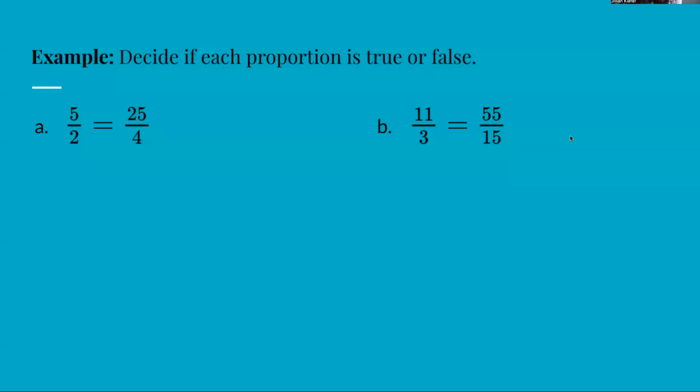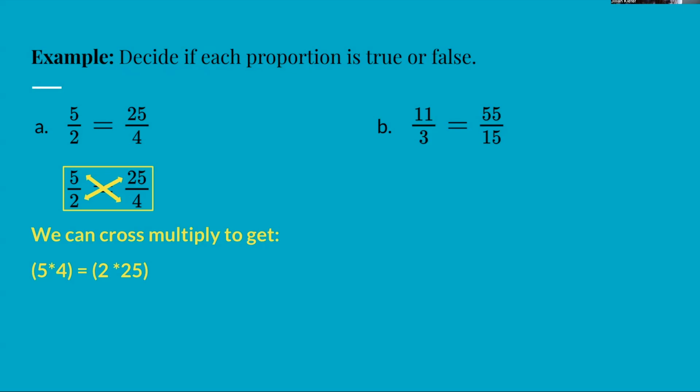So we're going to use our example here to decide if each proportion is true or false. So starting with A, we have 5 over 2 is equal to 25 over 4. So we're going to cross multiply, which means that we're going to multiply 5 times 4 and set that equal to 2 times 25. So we have 5 times 4 is equal to 2 times 25.